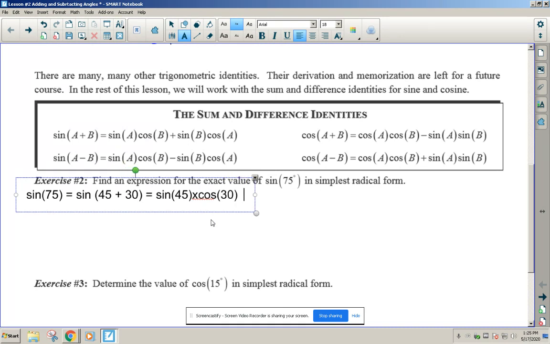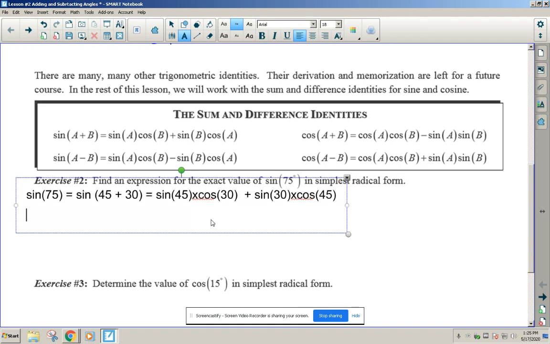And then we're going to add to that the sine of 30 multiplied by the cosine of 45. So I hope you stopped the tape and you went back and found your tables of all these special angles and triangles that we should know. And if you did that, here we go.